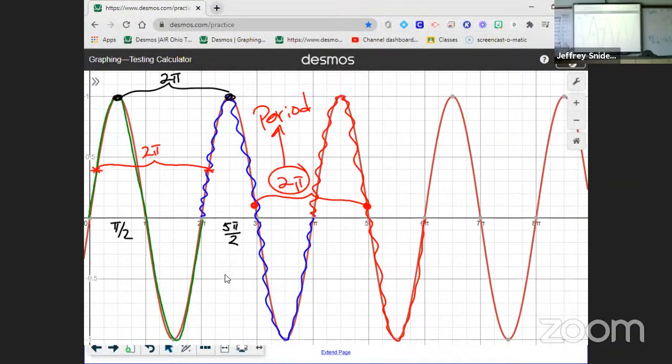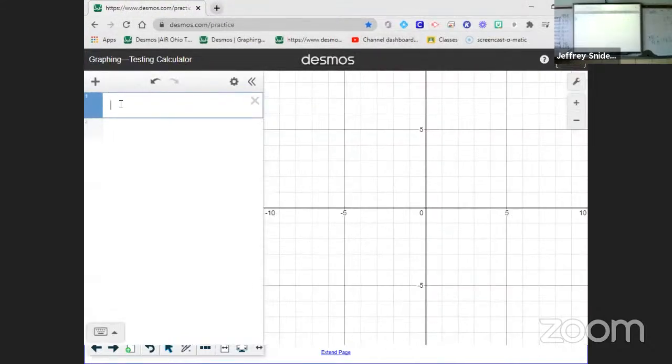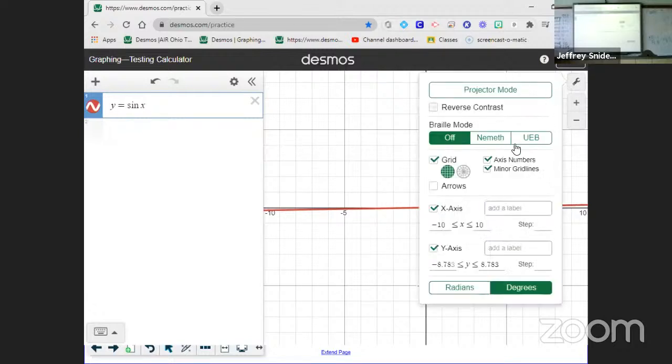No, let's just start over, it'll be easier. Okay, so here we go. We're going to look at y equals sine of x again. And I'm going to change this again real fast. We're just going to click it to radians. I don't have to set the window, doesn't matter.